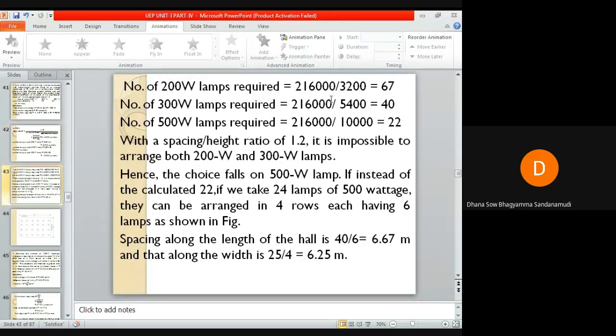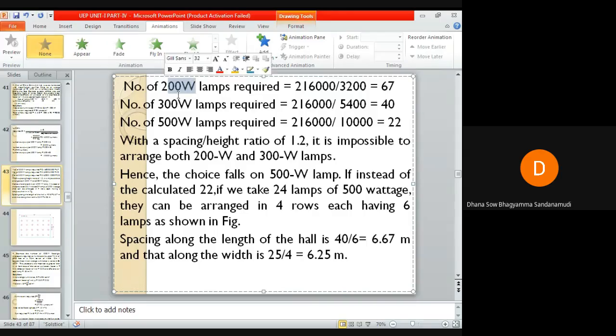Now for 200 watt lamp, the number of lamps required is the total lumens required divided by the lumens required for this wattage. So you will get 67. So these are the number of lamps required for illuminating the room of the given dimensions, 400 meters into 25 meters.